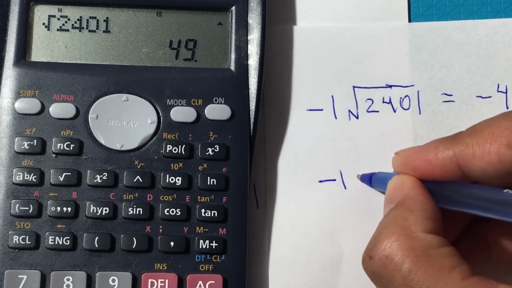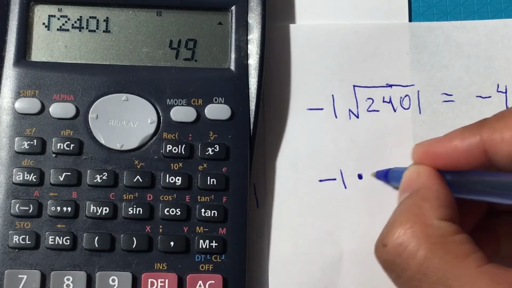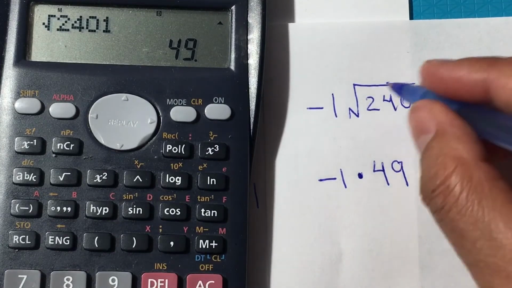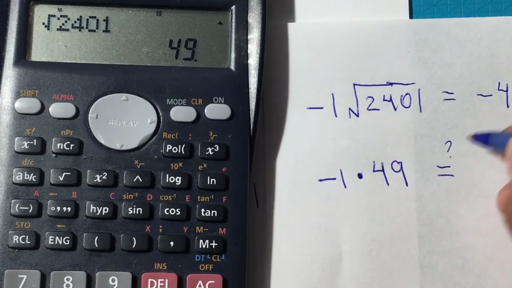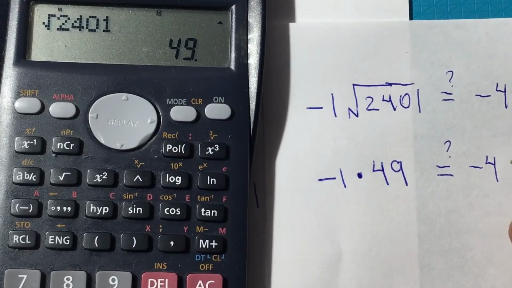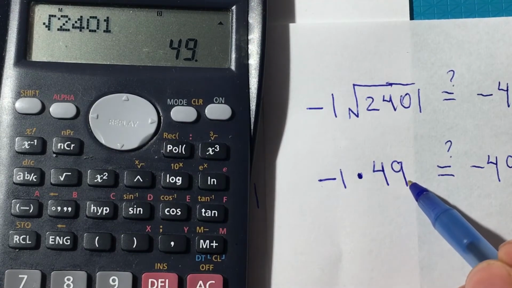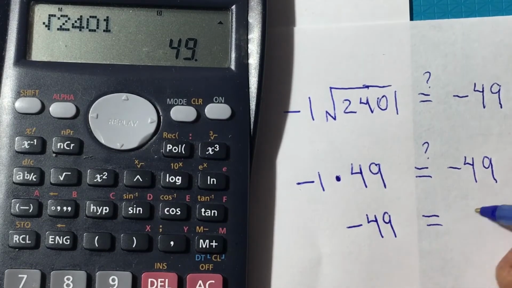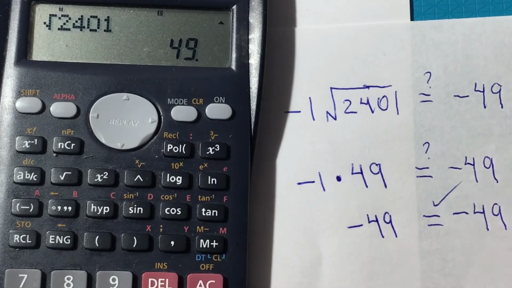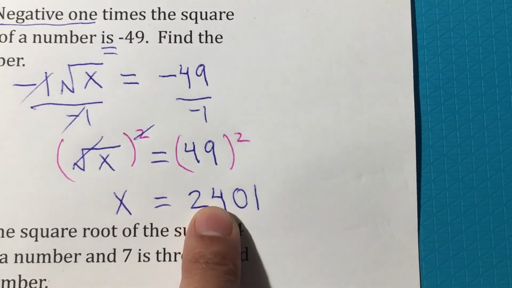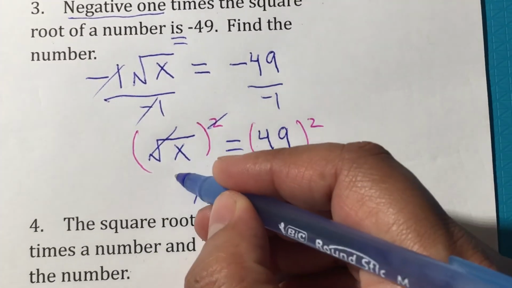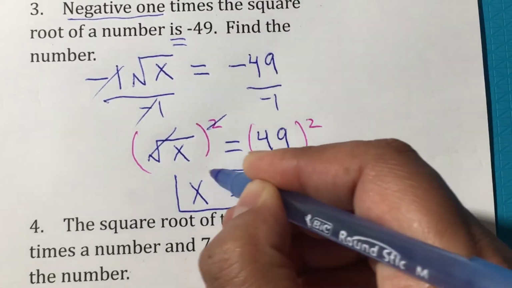So now we do need to put the times in there, and we got 49 from here, from taking the square root of that. Is it equal to negative 49? Negative 1 times positive 49 is negative 49, which is equal to negative 49. So we say check. So that answer is correct. It's not an extraneous answer.